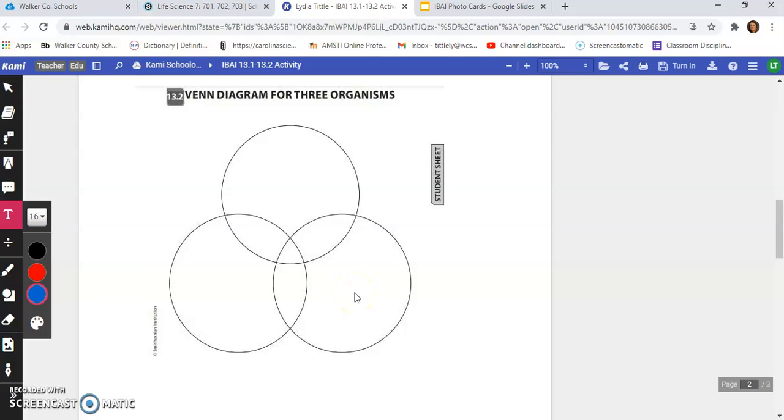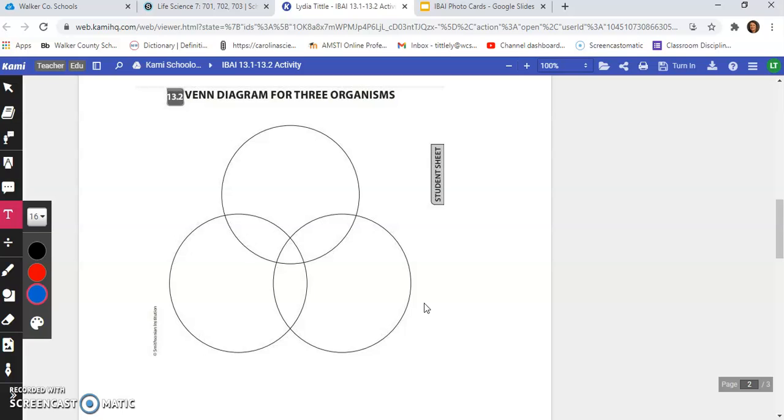We have 4 kingdoms to pick from, and each of those has at least one organism that you could pick from. So let's just say, for example, I chose to compare Daphnia as my animal kingdom. I chose the paramecium for the protist kingdom, and I chose black bread mold for the fungi kingdom.